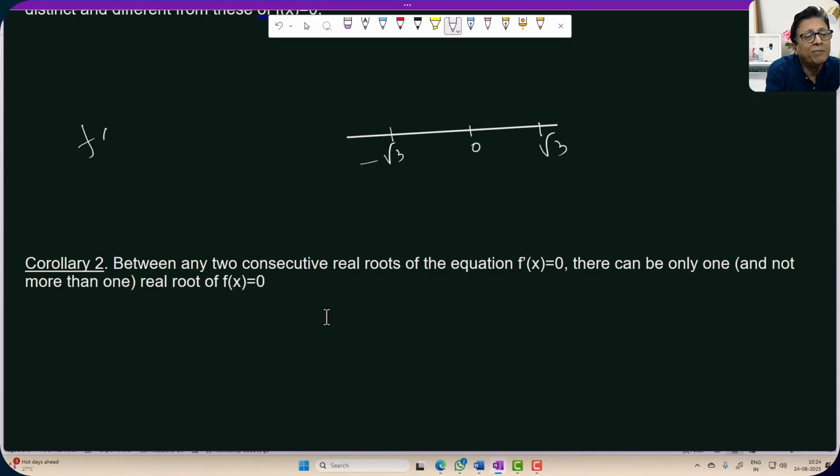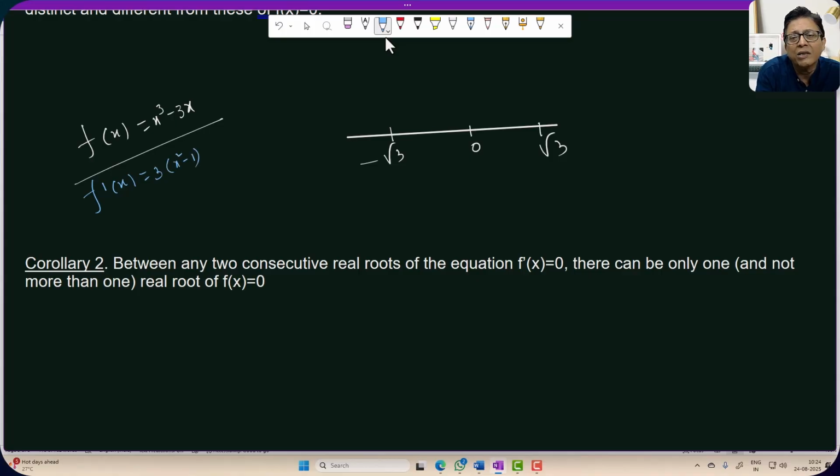Then we have taken this polynomial, no? X cube minus 3x. I have taken the simplest one. No need to make the thing more complicated here. And f dash x we have calculated, it was 3 x square minus 1. Its roots were minus 1 plus 1.